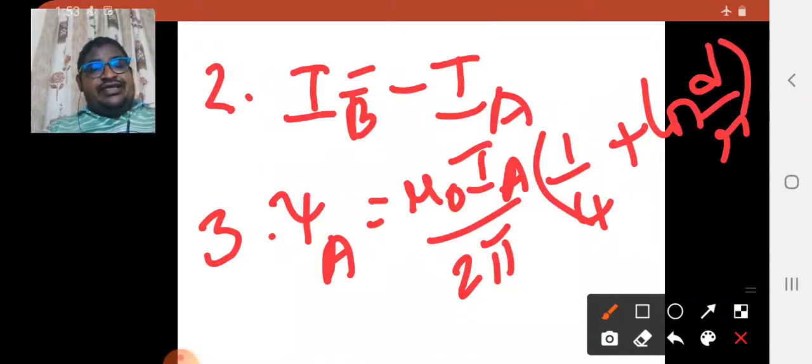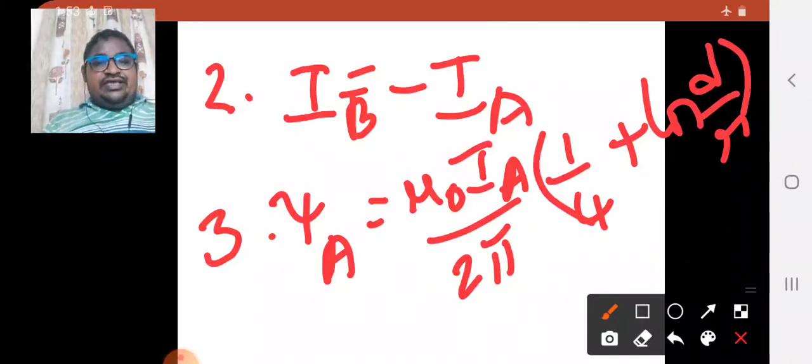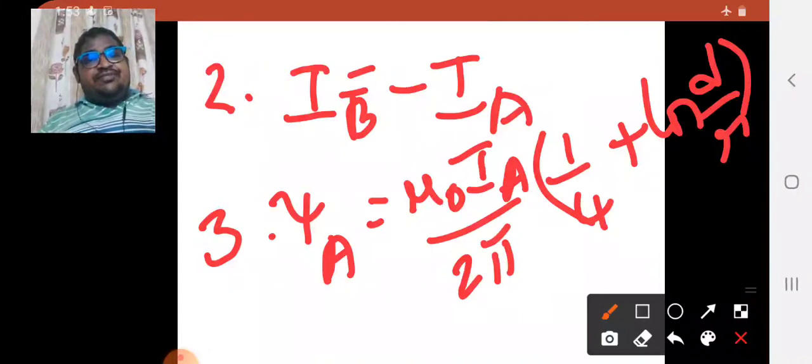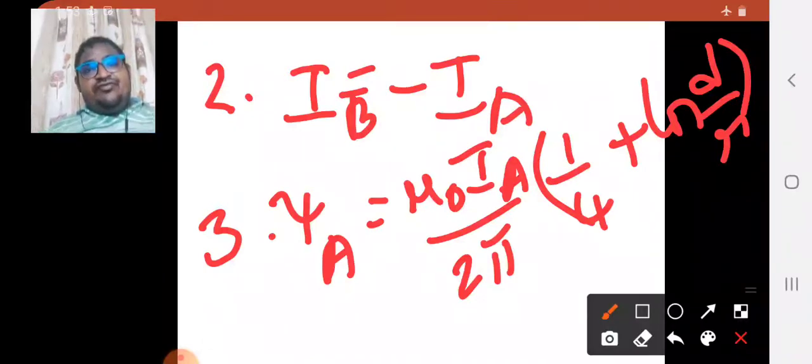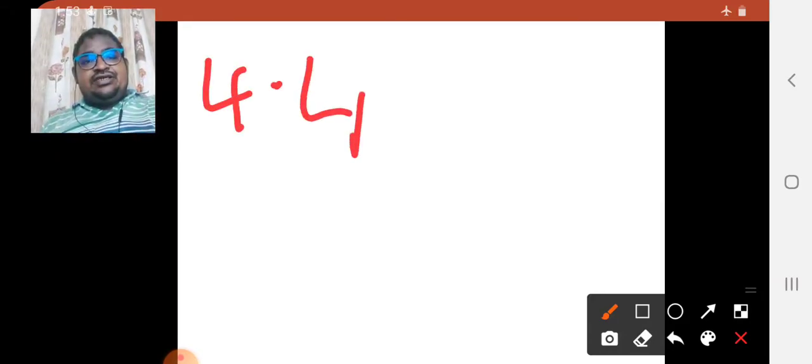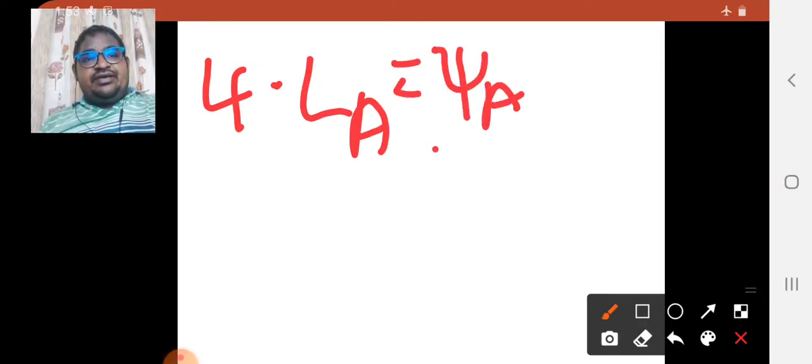After calculating psi A, the fourth step is to find the inductance of the conductor. That is, LA is equal to flux linkage by current, psi A by IA.